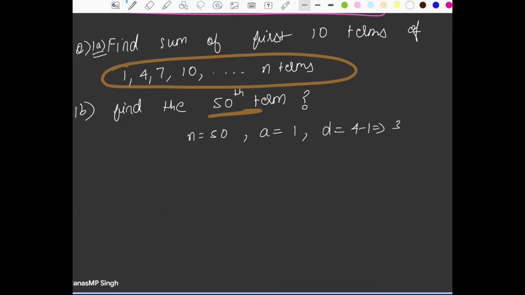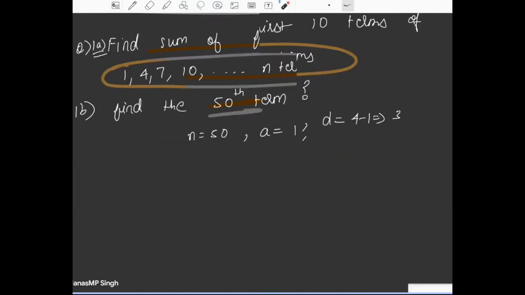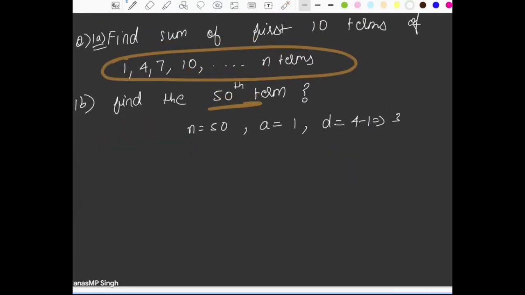We have all the values to find the 50th term. So you will write a50 equals, let's write the formula first, a plus (n minus 1) times d. a is 1, n is 50 minus 1, d is 3.